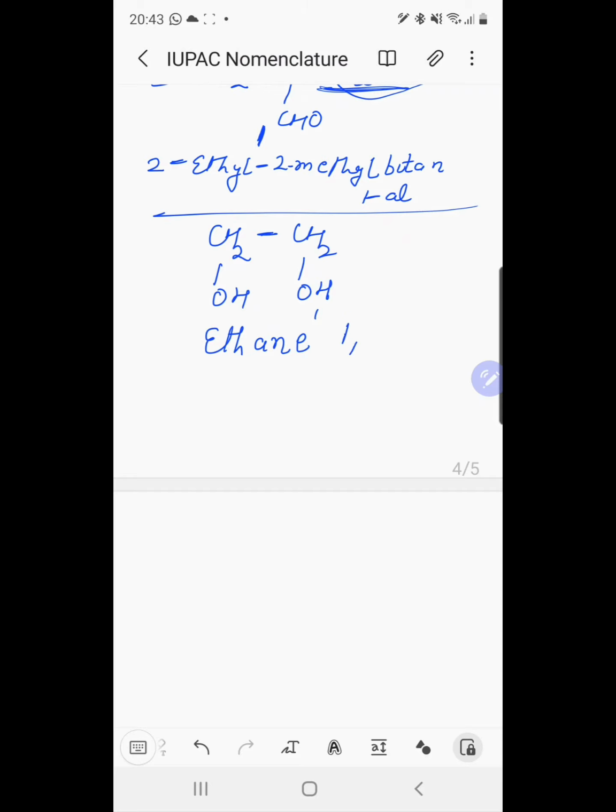At 1, 2 we have two OH groups, so di will be added to the suffix: ethane-1,2-diol, ethane-1,2-diol.